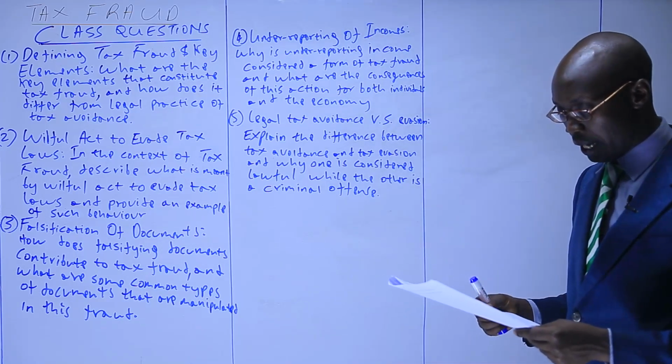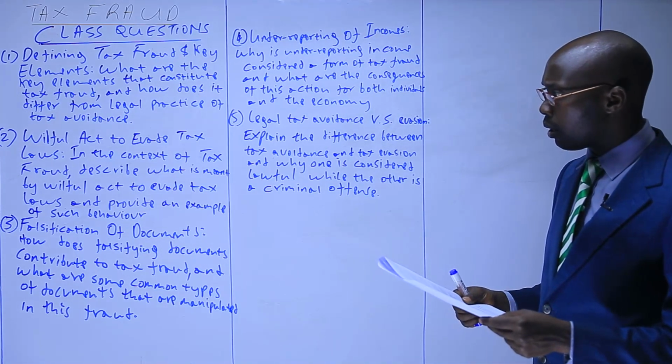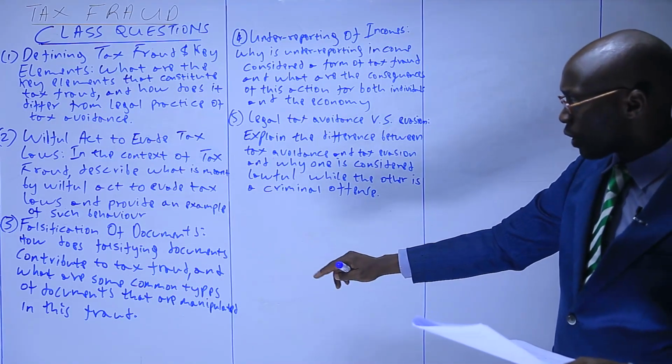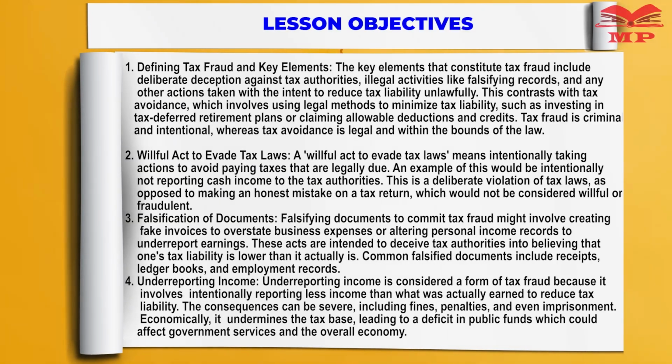The next question we have, what I've read, was about falsification of the documents. So, falsification of documents. Falsifying documents to commit tax fraud might involve creating fake invoices to overstate business expenses or altering personal income records to underreport earnings.